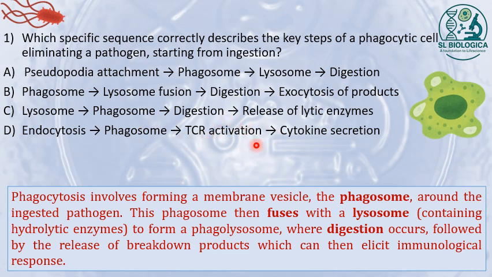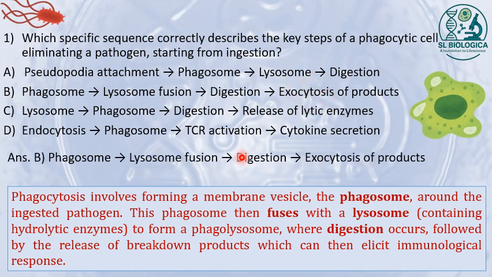It eliminates the involvement of lysosome, right? So the correct sequence of events is represented by option B, starting from phagosome, lysosome fusion, then digestion within the phagolysosome to digest the particles, and then finally exocytosis to release the products. So the correct choice is B.